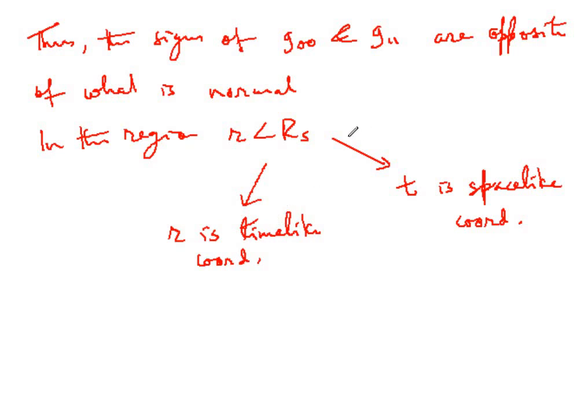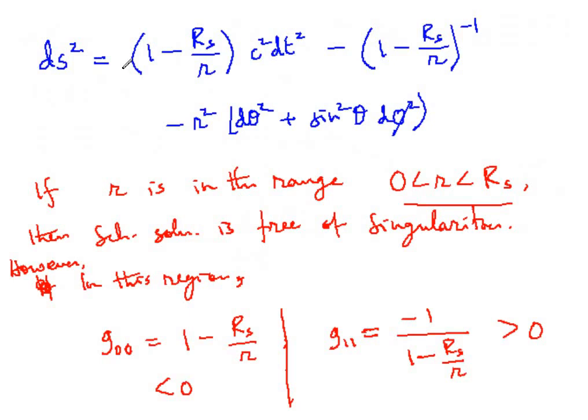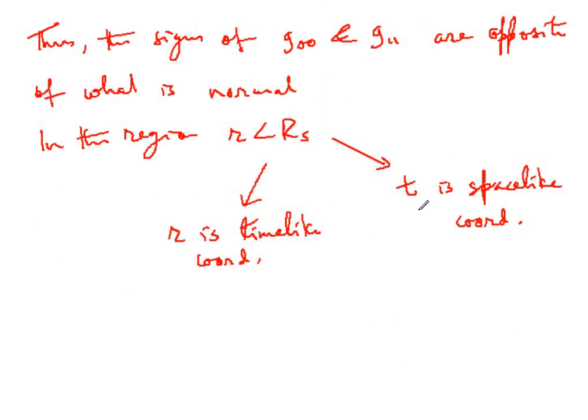Now because this metric tensor is a function of R, and because R now measures the progress of time, it follows that when R is less than Rs, the metric tensor is actually time dependent. Let me write it down.